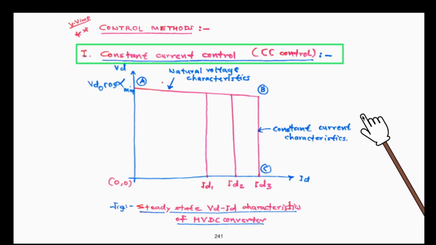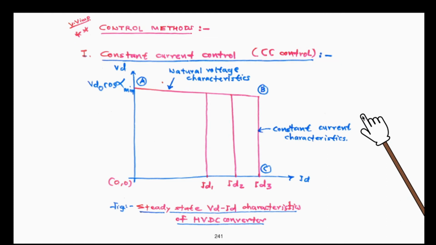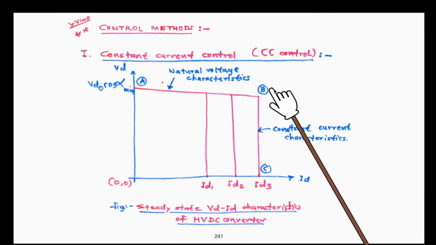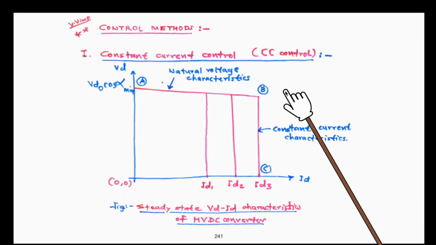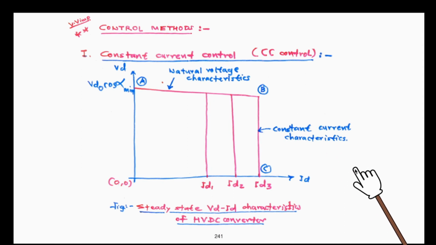Observe carefully the characteristics of the HVDC converter with constant current control represented on the VI characteristics. You can see here at the bottom, the steady state VI characteristics, or VD-ID characteristics, of the HVDC converter.